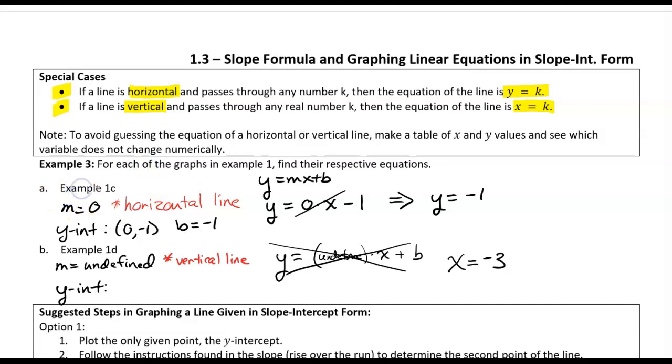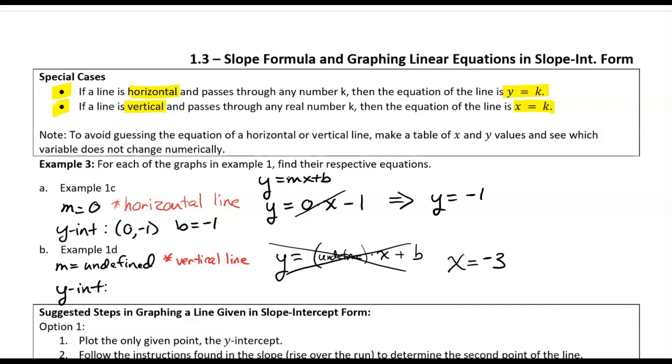And even if we could find a y-intercept for this particular graph or any vertical line, if I go to start writing my equation, can I write in the word undefined times x, plus the b value? This really doesn't make sense. So in a vertical line case, I cannot write it in slope-intercept form.